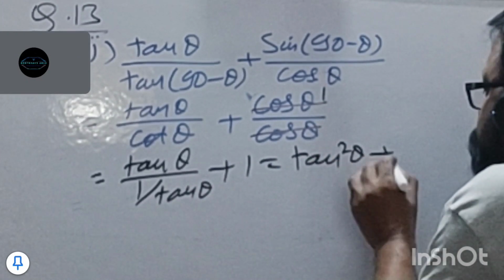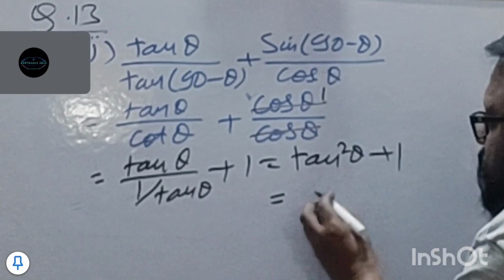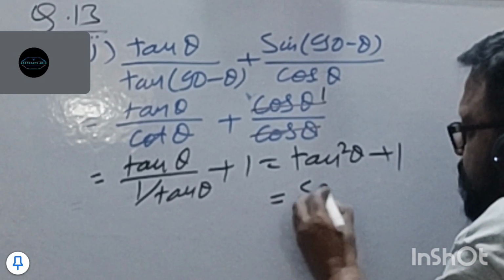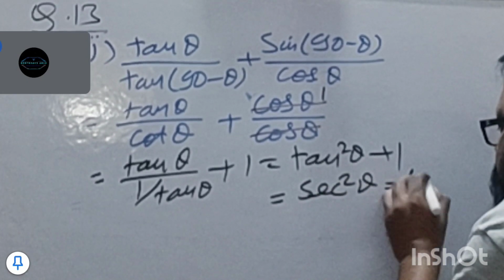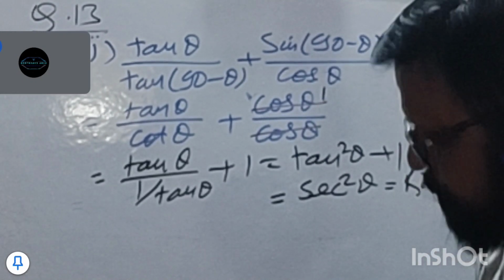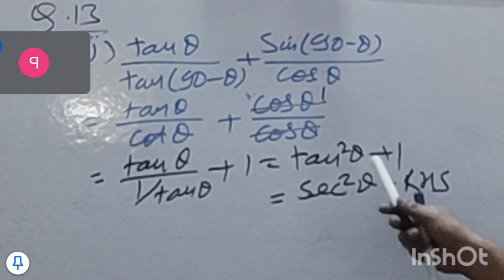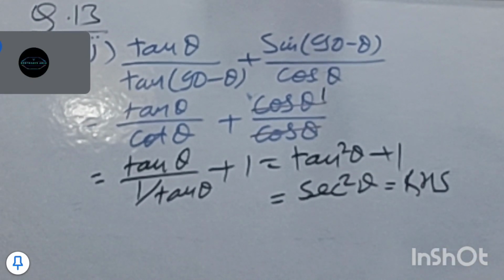It becomes tan square theta plus 1, and as we know, tan square theta plus 1 is equal to sec square theta, so it becomes RHS.